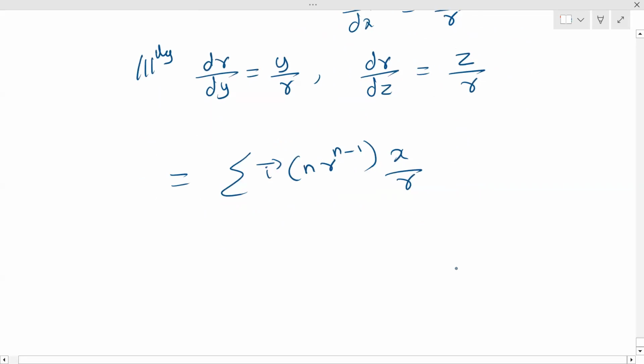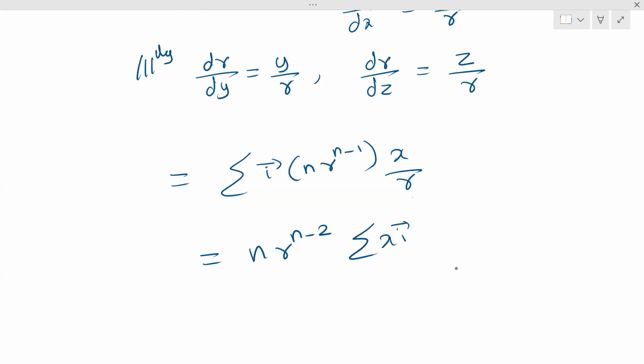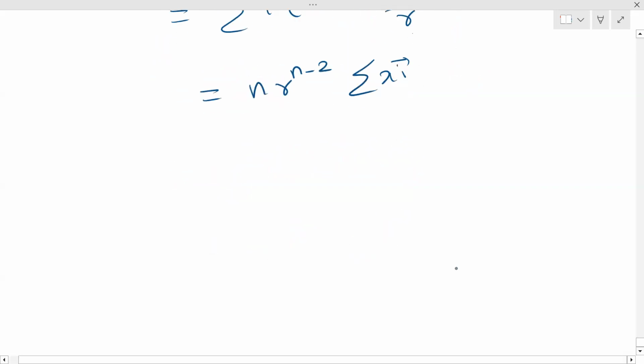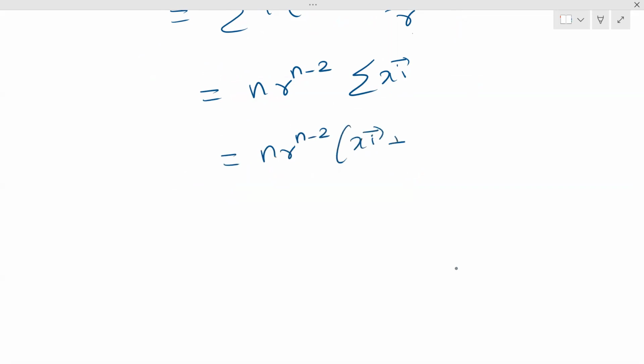Now we combine this r and taking that outside, it will become n r power n minus 2 summation xi. Now we can open this sigma. When we open the sigma, it is nothing but xi plus yj plus zk, which is nothing but our r vector.